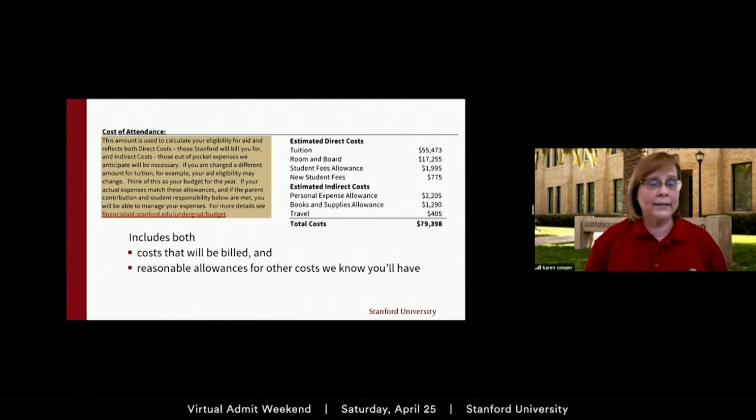One detail that I'd like to point out, the student fees allowance that's there on this page for $1,995 next year includes a mix of mandatory fees for which you will be automatically billed, things like house dues and a technology fee, as well as allowances for things like course-specific fees that you may see for some lab or engineering courses, for example.